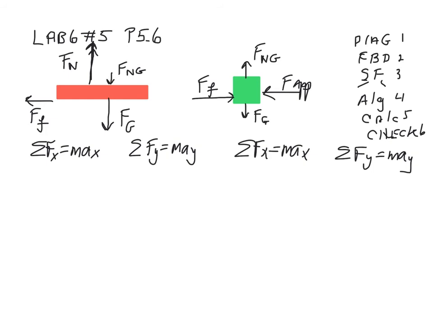And since there's no friction with the surface that this is on, the way in which the green block is pushing the red block is through the force of friction. So the force of friction between the red block and the green block shows up as the same force.